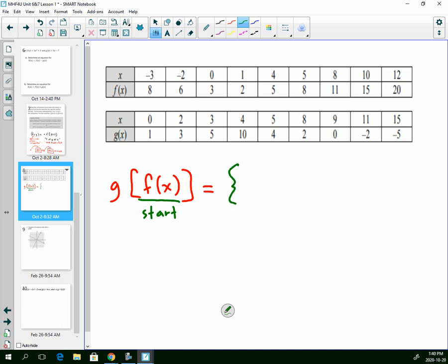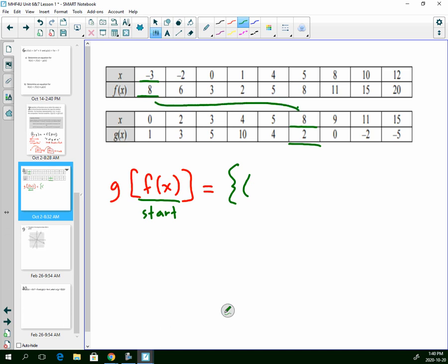So we're going to start with the first x value, which is -3. And the output is 8. So that output then becomes the input for g of x. So I'm going to look along all the x's in g of x, and I'm going to look for the 8, and then that produces a final result of 2.